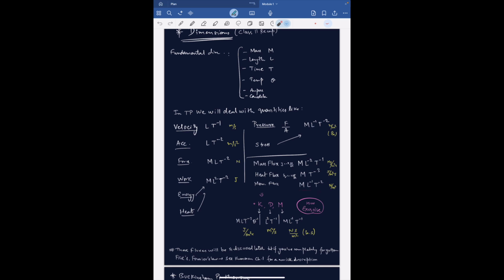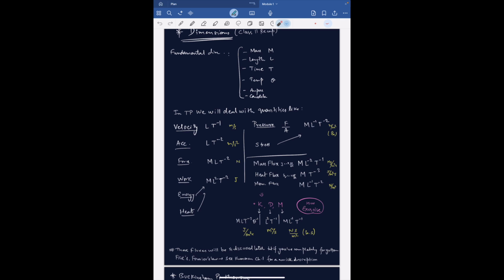I don't expect you to know the complete theory and full details. If you have that sort of surface level knowledge, it will be helpful, and you can directly find out the dimensions of mass flux. But even if you do not know, we will rediscover Fourier's, Fick's, and Newton's law of viscosity again in this course.